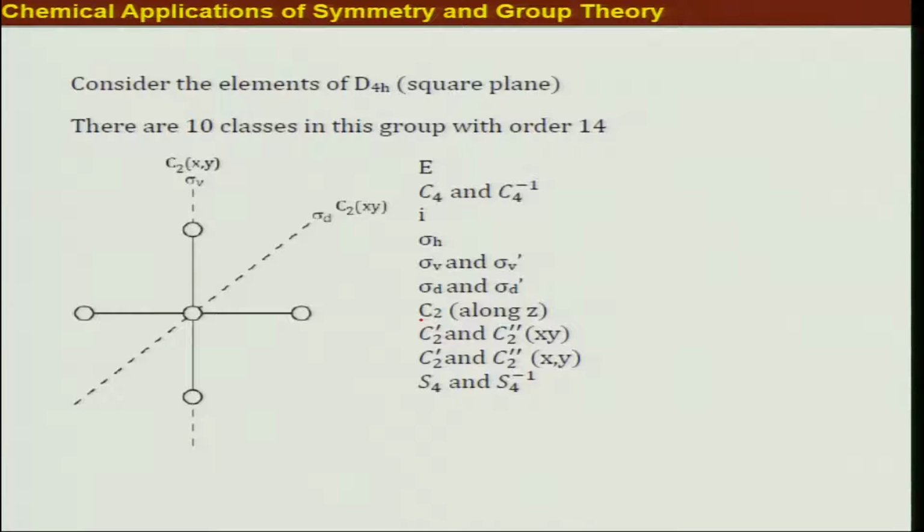There are also improper axes of symmetry, so S4 and S4 inverse form a class. You have to try a lot of point groups, find the symmetry operations, perform the similarity transformation on them, and try to find the classes.